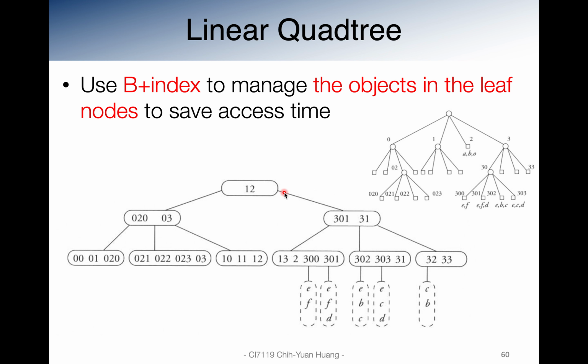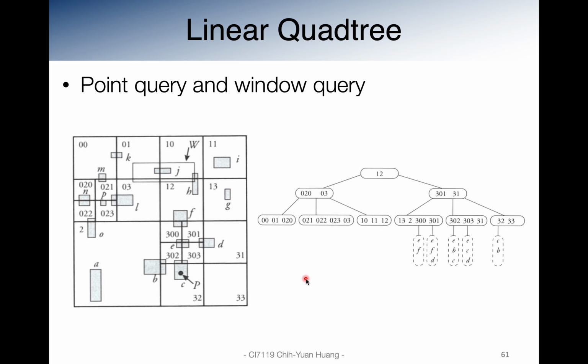For example, from the root to the first label to the second label. So no matter which leaf node, the performance will be the same, which is 1 and 2. Let's take a look at some examples, for example using point query and window query to talk about that. Let's take a look at the point query over here.